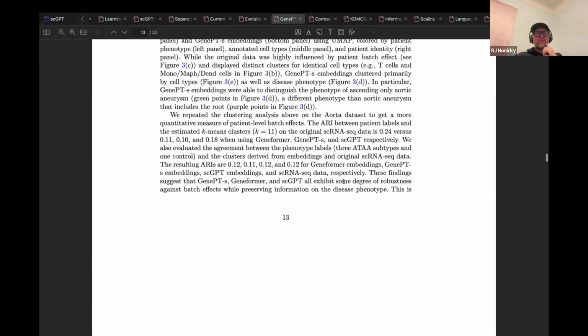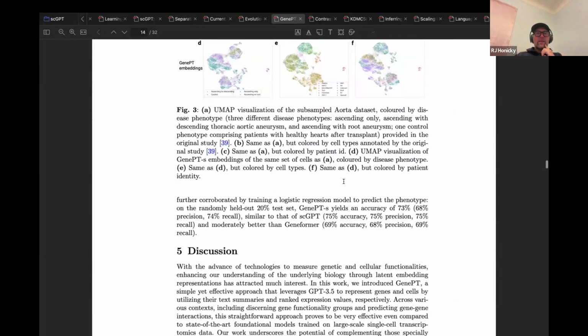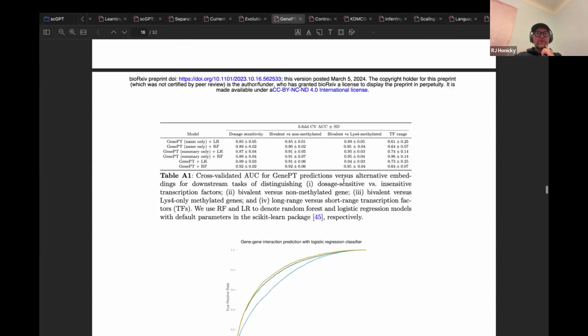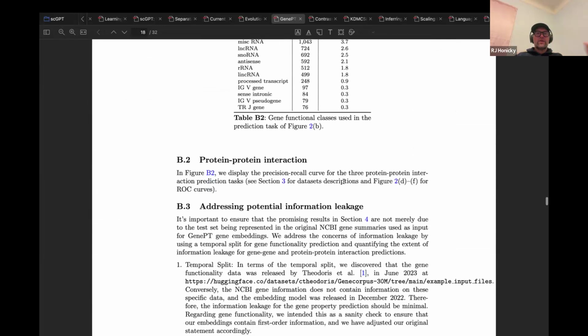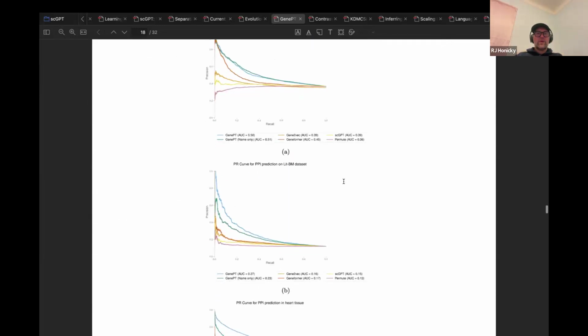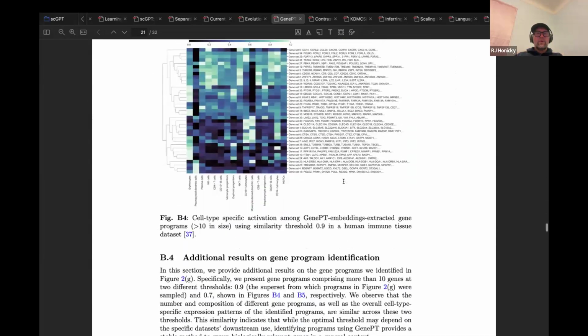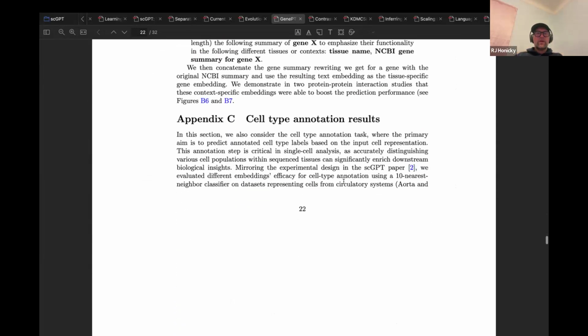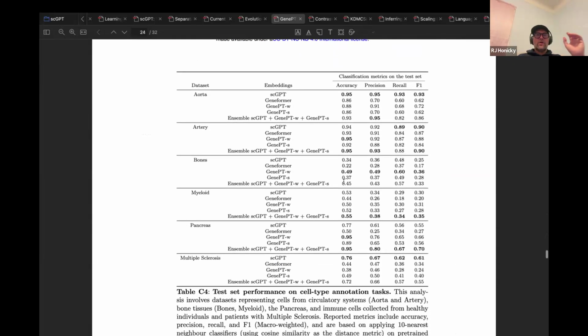Okay, so let me see if there's anything else interesting. There was maybe one other table that I wanted to discuss briefly. It's in the bottom here, I think. Yeah, this table here.